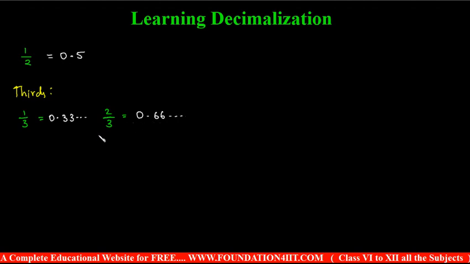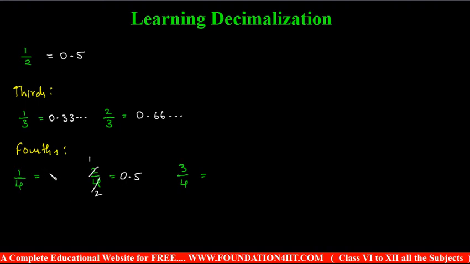Let us continue till tenths, how to do it. Likewise, fourths. If you see the fourths concept, that is 1 by 4, 2 by 4, and 3 by 4. Let us see what we need to remember. Already 1 by 2 is 0.5, and 2 by 4 is nothing but 1 by 2 only, so that is 0.5 itself.